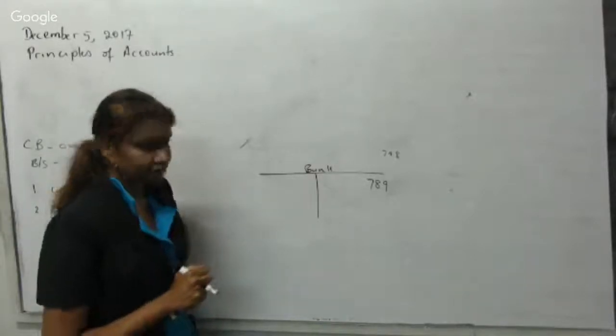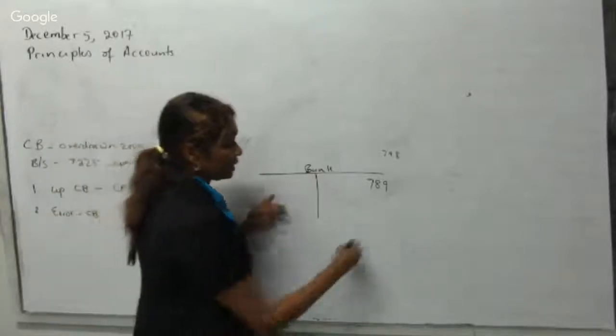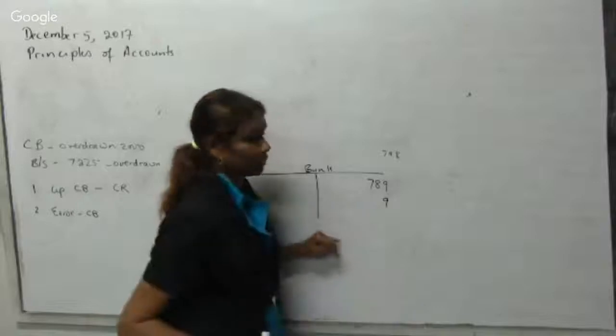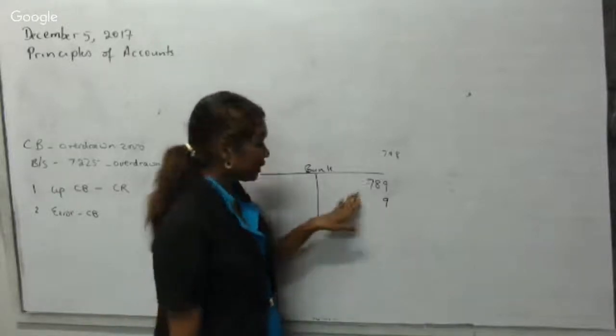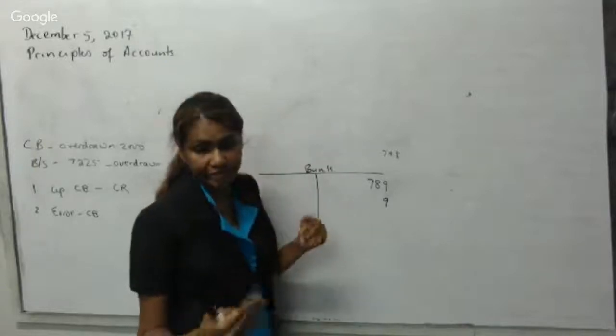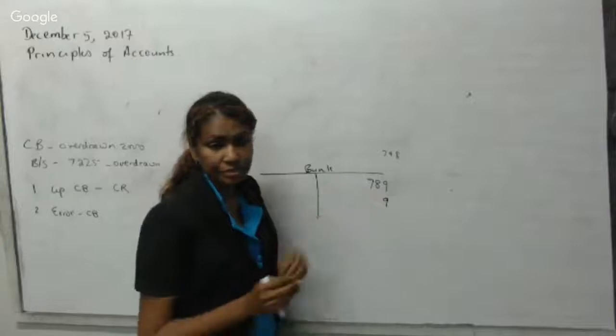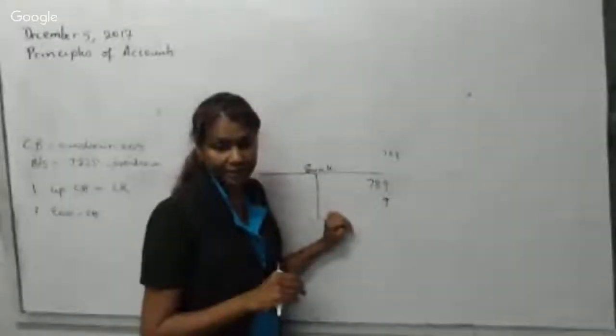Therefore you have to pay out the remainder, and the only way to do that is by crediting the cash book with the extra $9. Remember, you don't use the 789 or the 798, it's just the difference you're concerned with. 789 is already taken out; you just need to take out the rest.